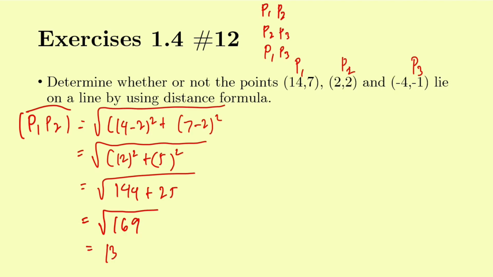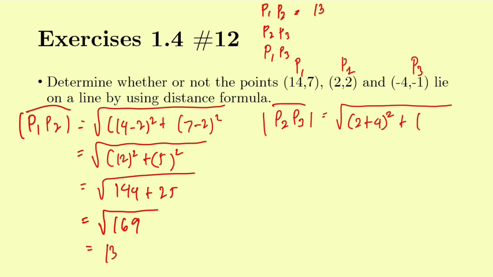Next, for P2P3, we will use the same distance formula. 2 minus negative 4, so 2 plus 4 in short, plus 2 minus negative 1, or 2 plus 1, squared.